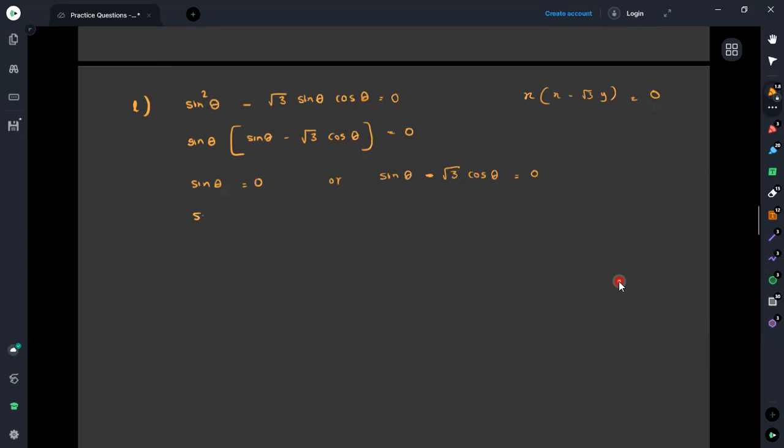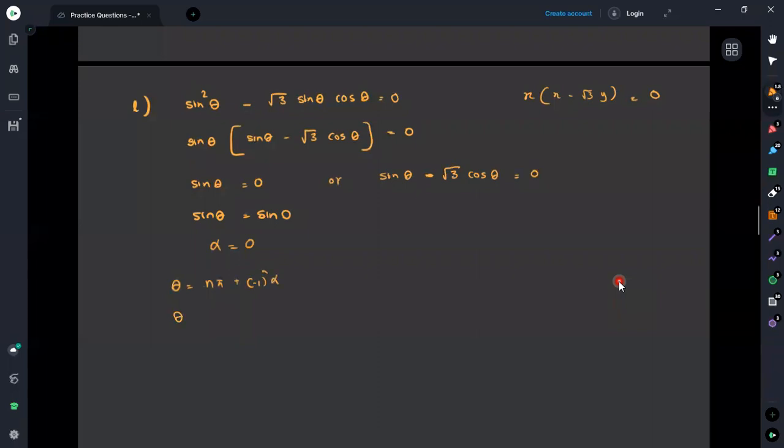Here what we know is, if sine theta is 0, we are getting the principal solution. Then we get a value of alpha equal to 0. Then we can use the equation theta is equal to nπ plus minus 1 to the power n times alpha.